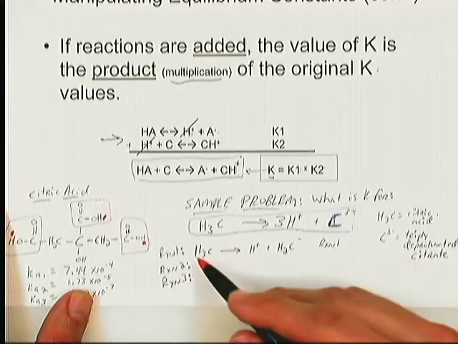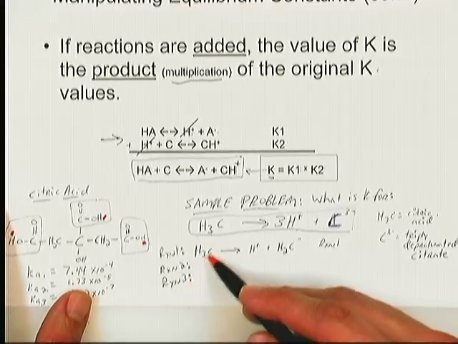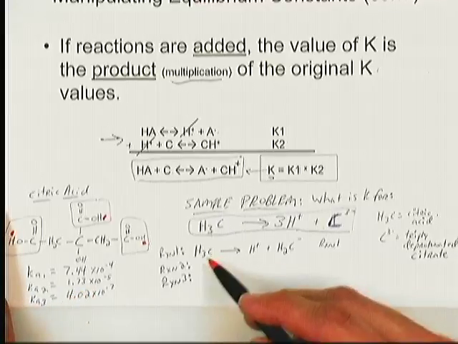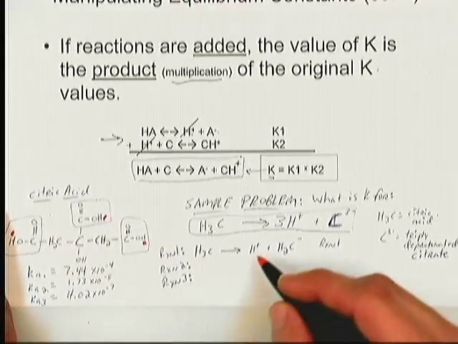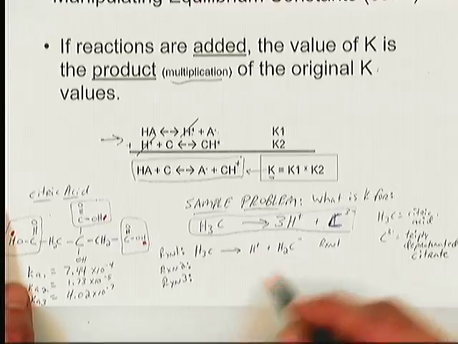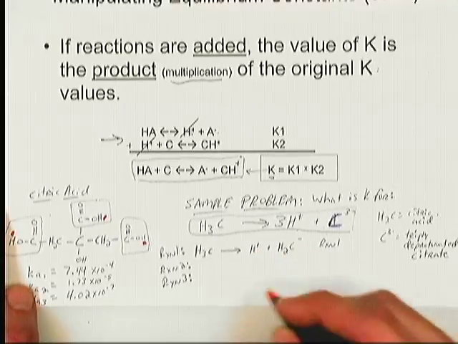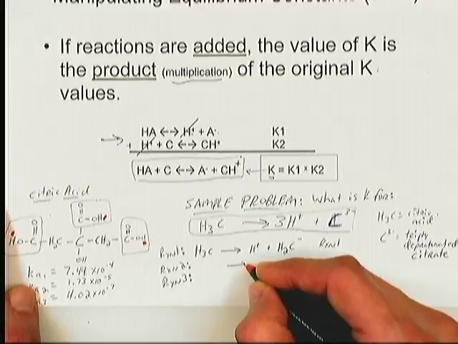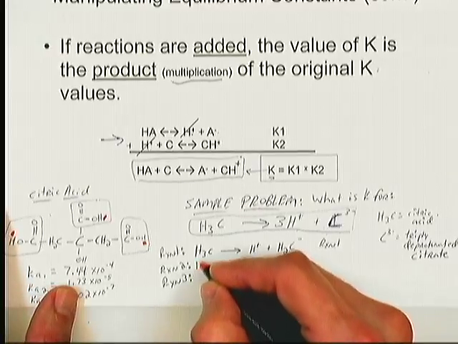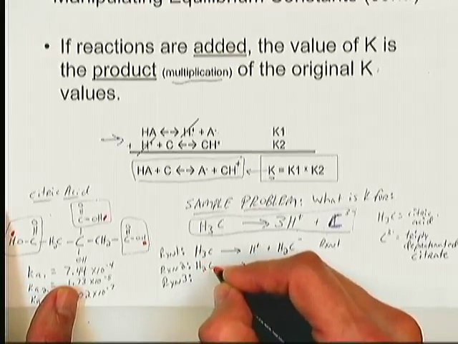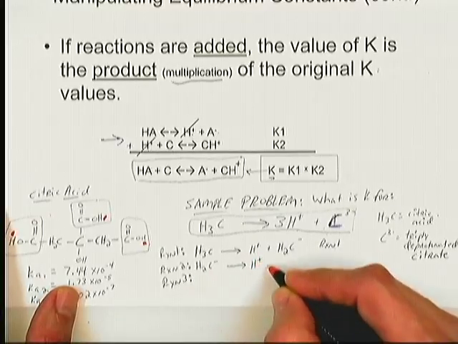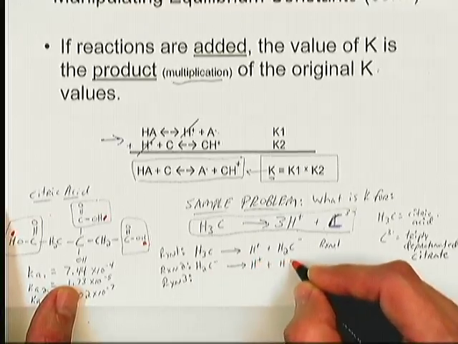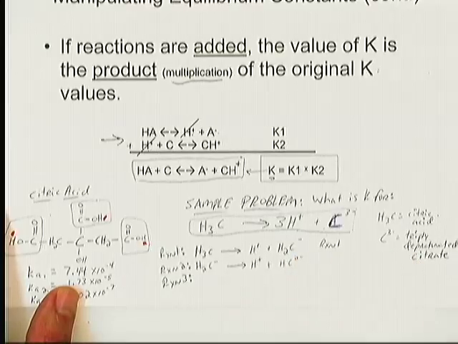The first reaction, I'll call that reaction 1. I take my fully protonated citric acid, that's this molecule as written over here on the left, and I deprotonate 1 of the protons to make H2C minus. In the second reaction, I take the H2C minus that was formed, deprotonate again, yielding HC2 minus.